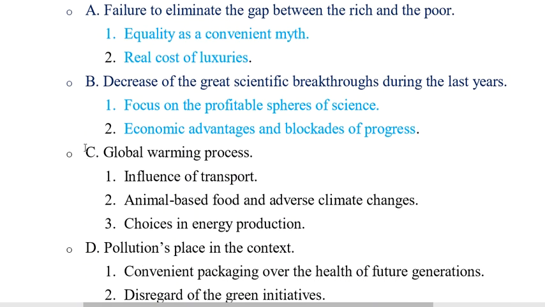And remember here, for example, we have cleared A, we have cleared section B, we have cleared section C. Global warming processes influence, subsection C, 1, 2, influence of transport, animal based food and adverse climate change. 3, choices in energy production.